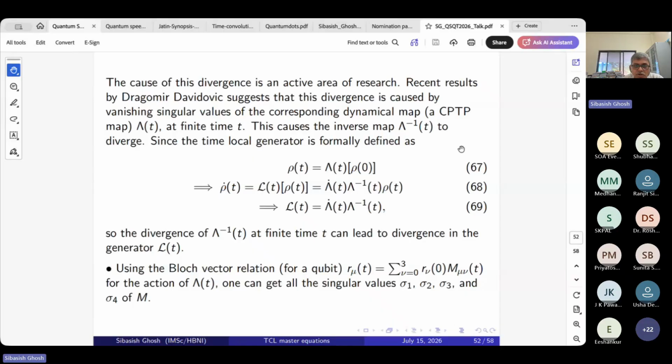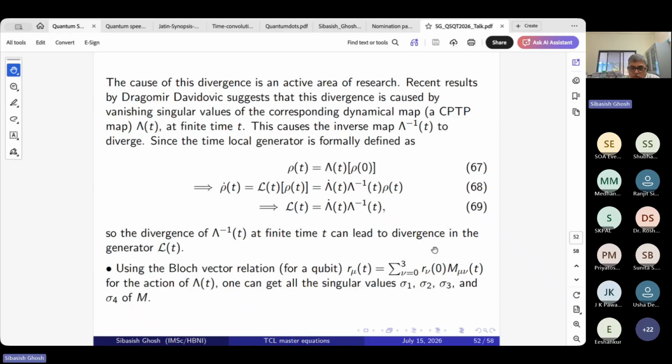So you take this rho of t, and this capital Lambda(t) is the dynamical map corresponding to the evolution, which acts on rho of 0. The time derivative of rho of t is L(t), the Liouvillian, acting on rho at t. So L(t) is Lambda dot(t) times Lambda inverse(t). Therefore, if the singular values of Lambda(t) somehow vanish at finite time, then of course L(t) will become divergent.